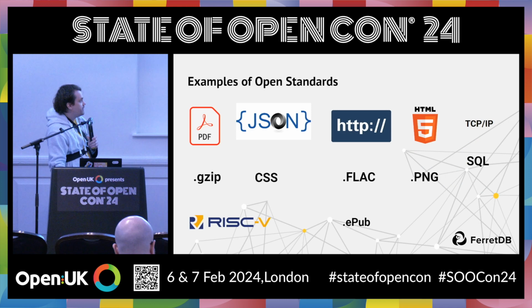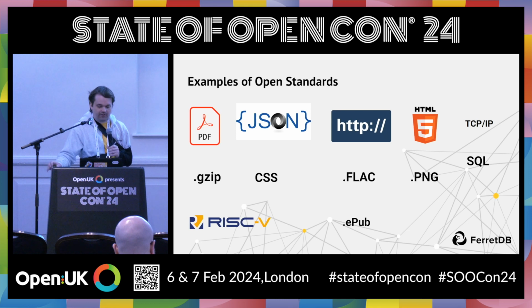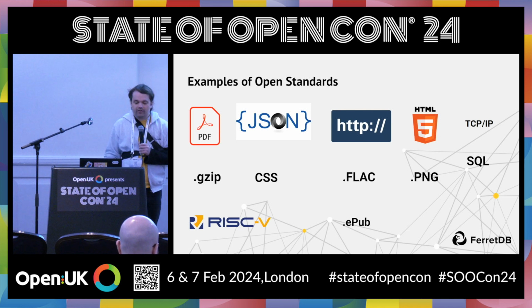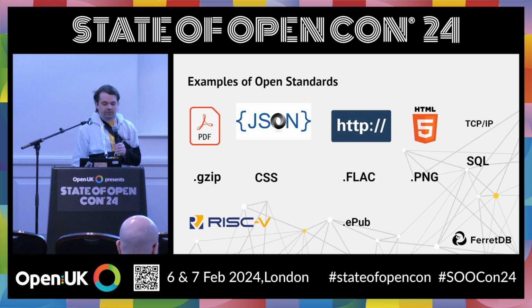Examples of open standards. In my conversations with many in the industry, there were misunderstandings on what open source software is and what open standards are. As you can see, I think at least some, if not all, of these standards should be very familiar to you. We have the PDF standard, or we have CPU architecture.